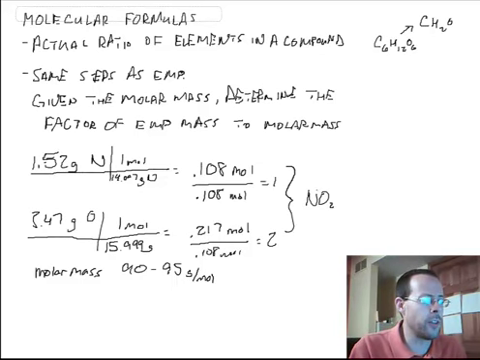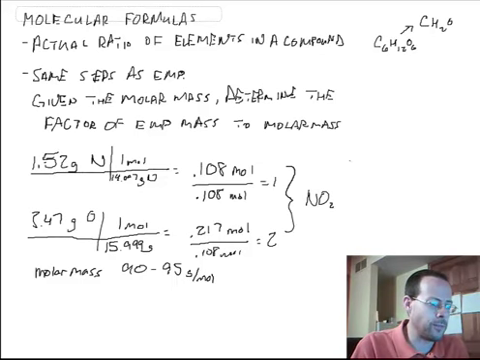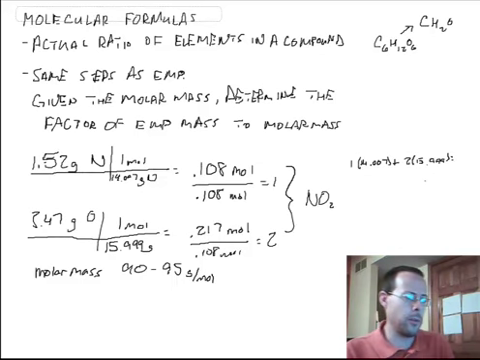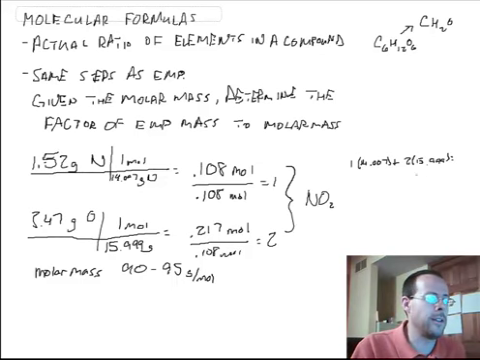So now what we're going to do for molecular formula is we want to find the molar mass of this. So if I have 1 nitrogen, I'm going to have 1 times 14.007 plus 2 times 15.999. And when we add that up, we're going to get 46.005 grams per mole.